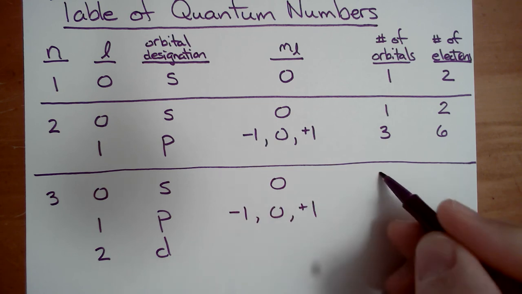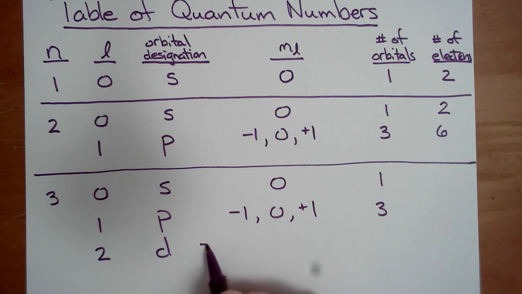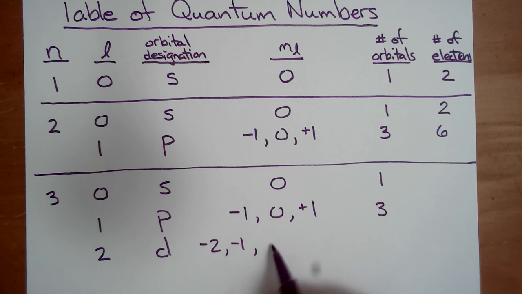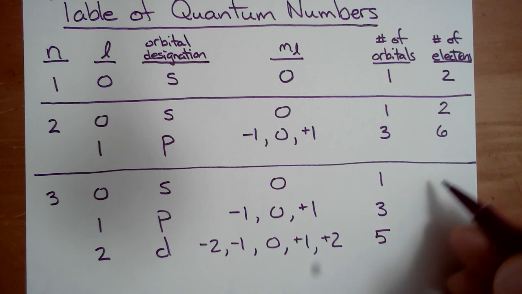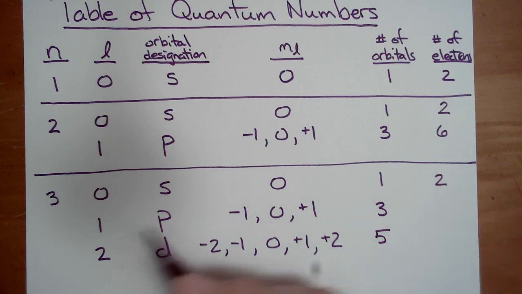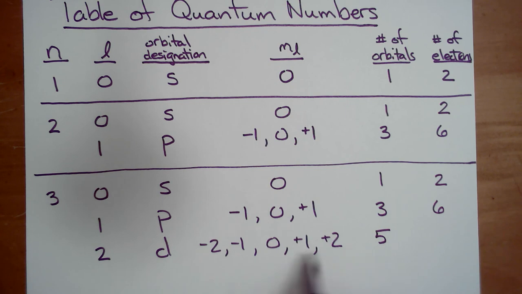So that's 1 and 3. And then d would have a -2, a -1, 0, +1, +2. So it's 1, 2, 3, 4, 5 orbital orientations, so 5 total orbitals. The s would have 2 electrons, the p sublevel can have a total of 6 electrons, and the d sublevel can have a total of 10 electrons.